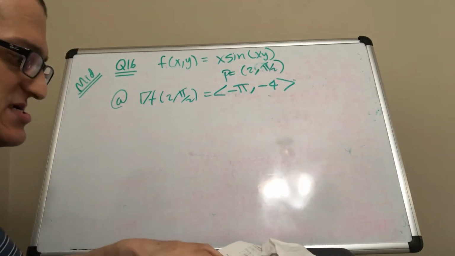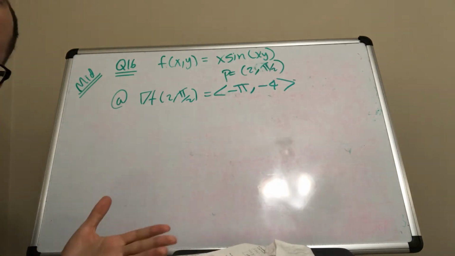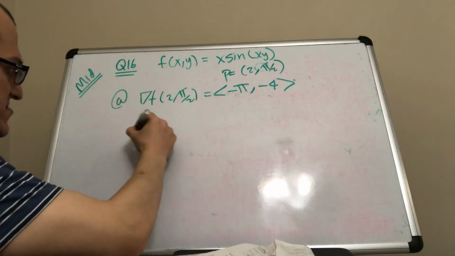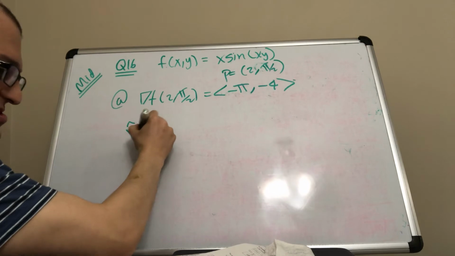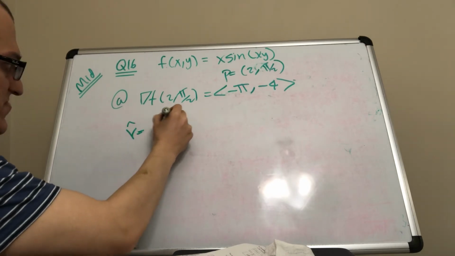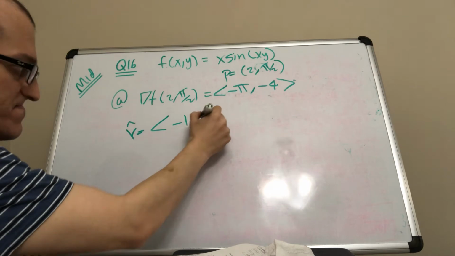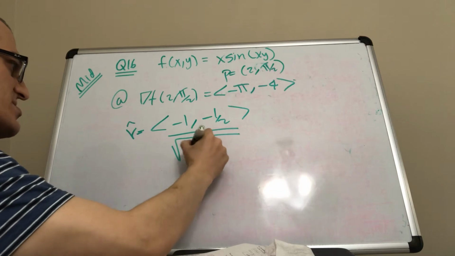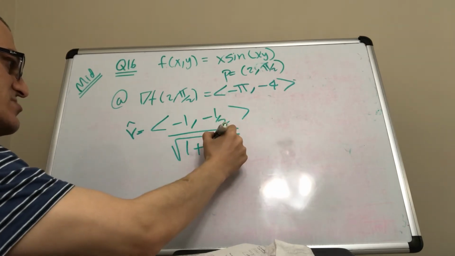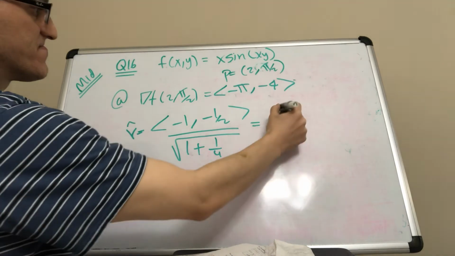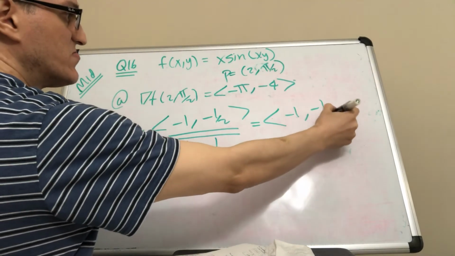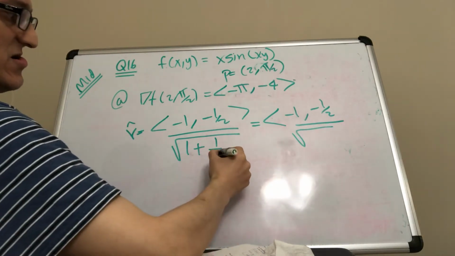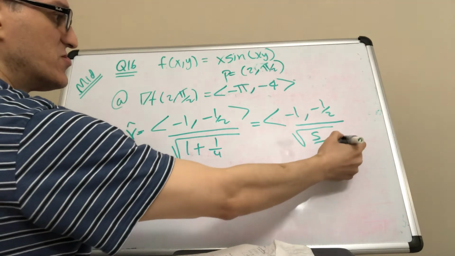Then the first question is if you do it in the direction of a vector. I told you, if you're asked to do it in the direction of a vector, you take the normal of the vector first. And the normal of the vector would be this over the magnitude. The first one squared, the second one squared. This is negative 1, negative 1.5. 1 plus 1 over 4 is 5 over 4.